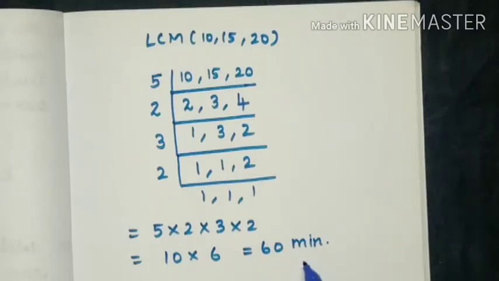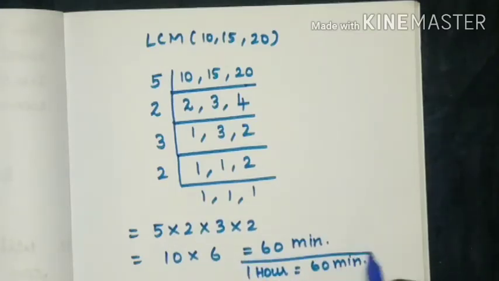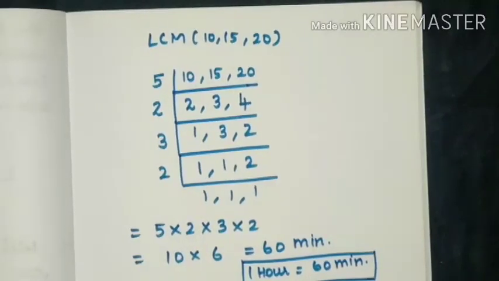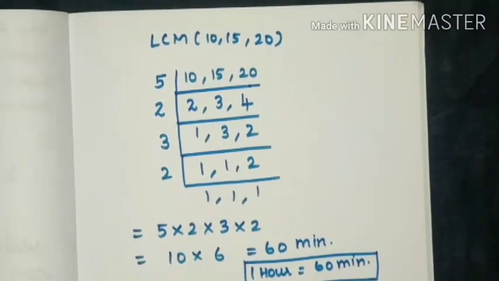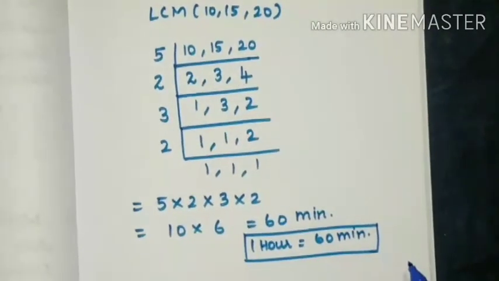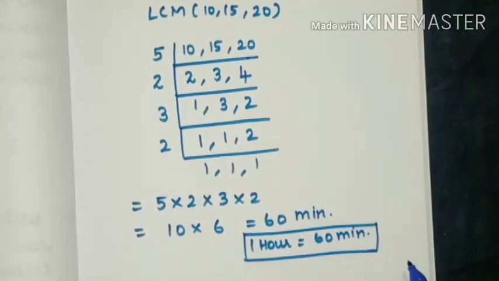See, students, as you already know, 1 hour equal to 60 minutes. So they will meet after 1 hour. That is, they start together at 7 am, so definitely they meet at 8 am.